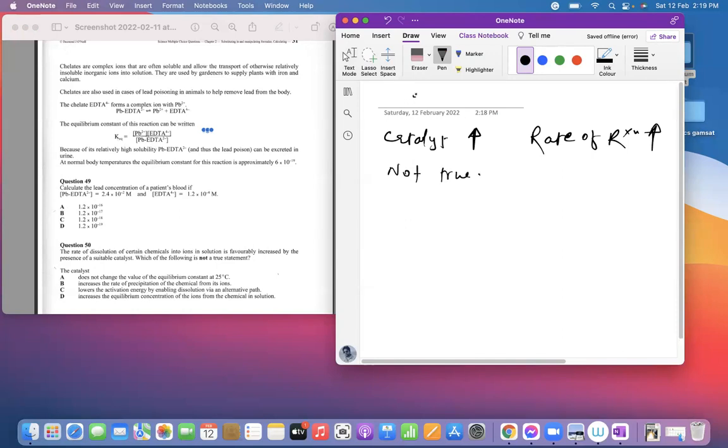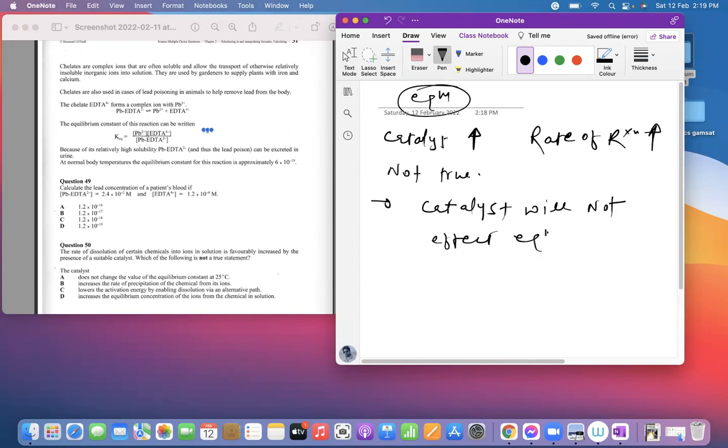So we are in the equilibrium chapter, and I discussed with you that this is basically related to the catalyst. I told you that a catalyst will not affect equilibrium. It can only affect the rate of reaction.